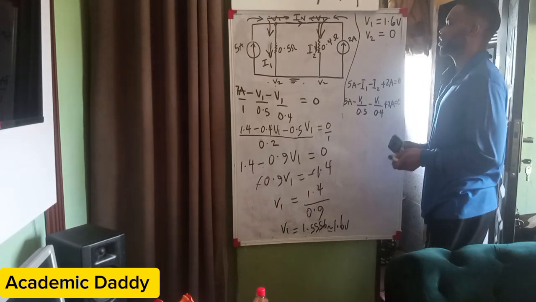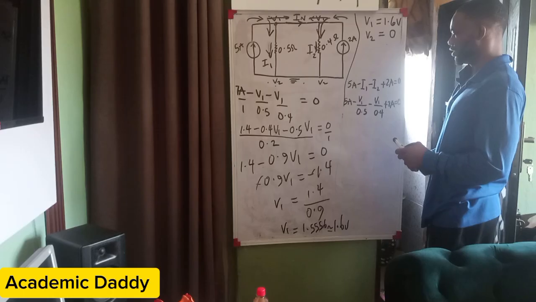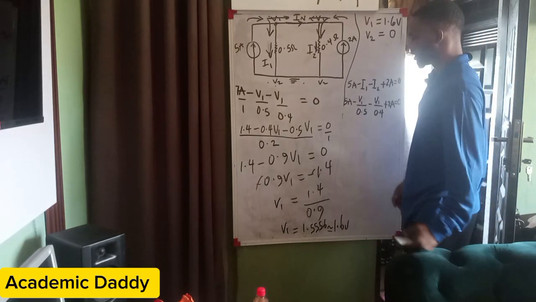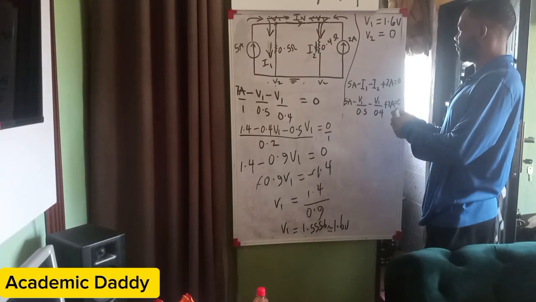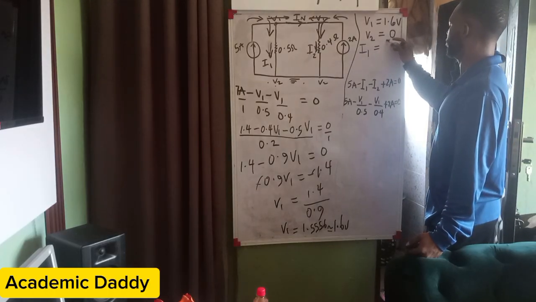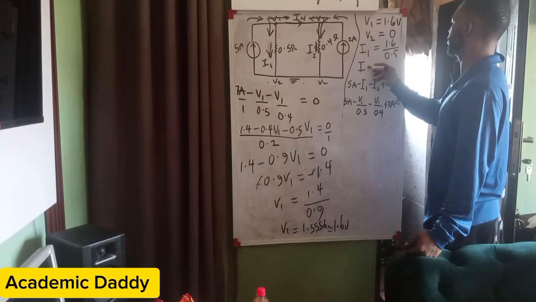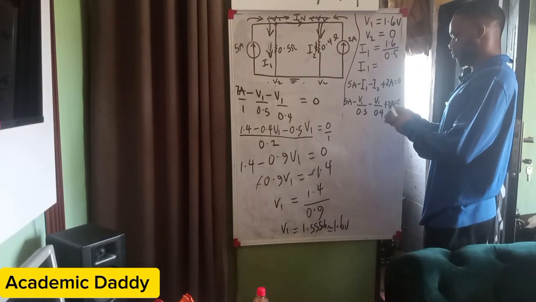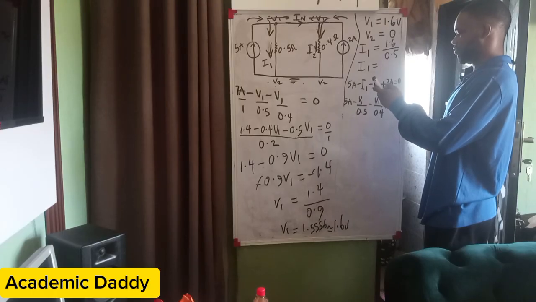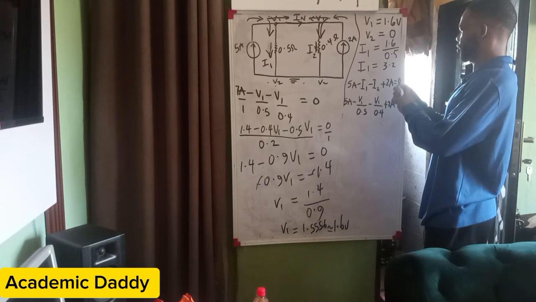To find Norton's current will simply be the same as finding the current in I1. Remember that I1 is V1 over 0.5. So I1 equals 1.6 divided by 0.5, which is 3.2 amps.